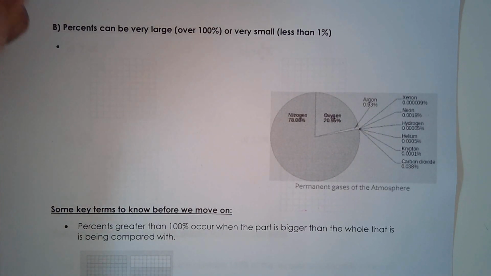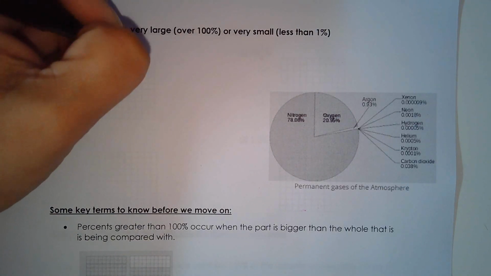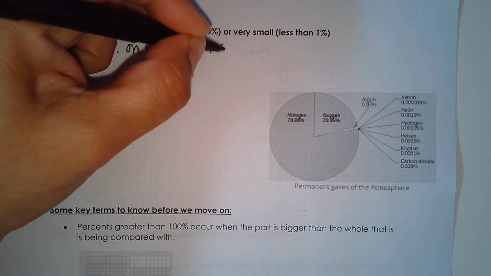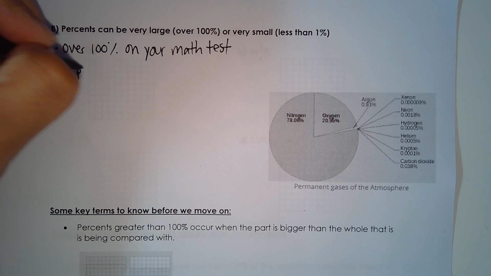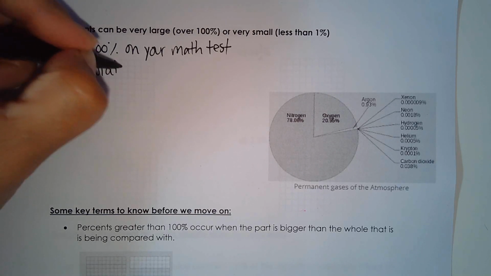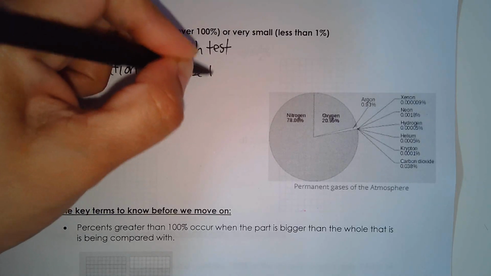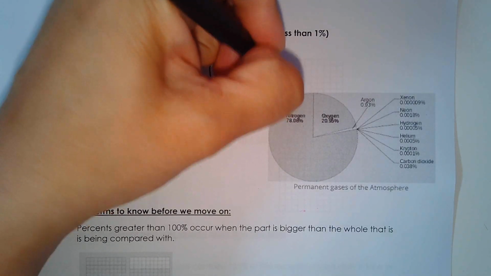You could have gotten over 100% on your math test. A population might be 110% of its value last year.